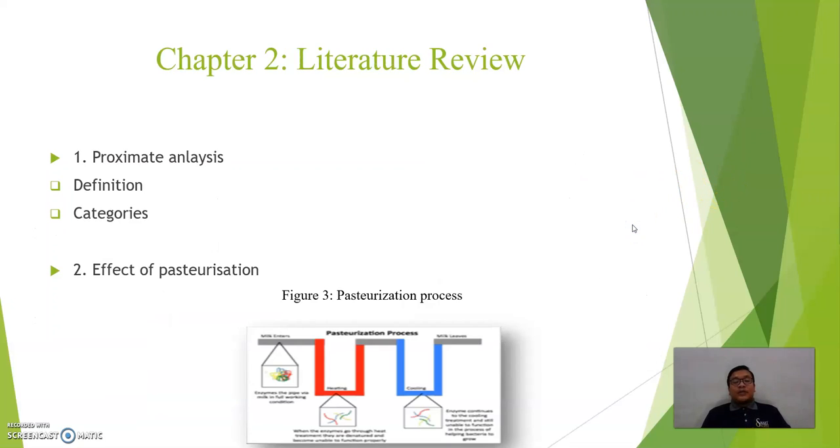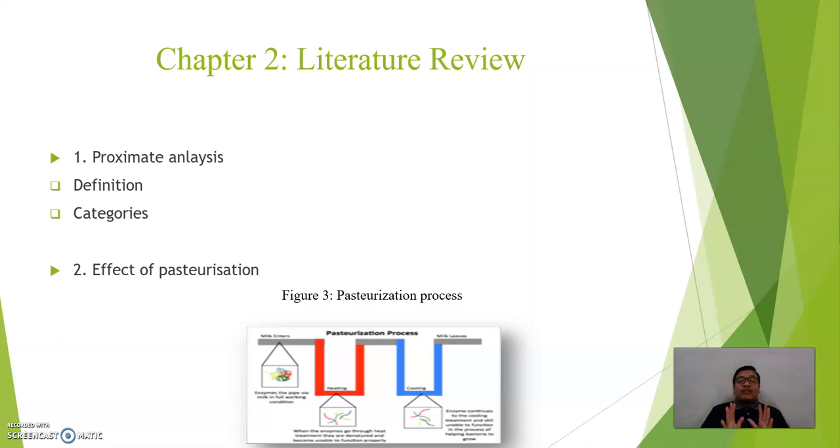For chapter 2, the literature review, I come out with two topics: the proximate analysis and the effect of pasteurization. Proximate analysis is a quantitative analysis of food to determine the percentage of fat, fiber, protein, carbohydrate, moisture, and ash, as stated by the Merriam-Webster dictionary.